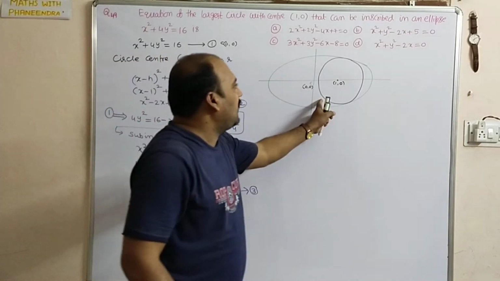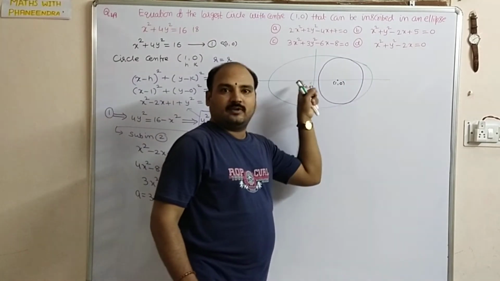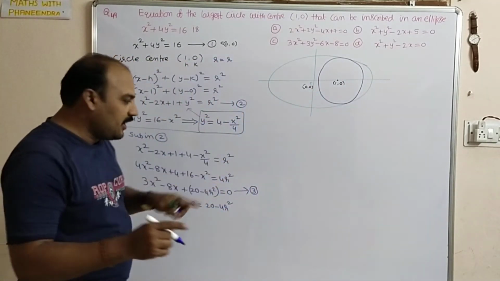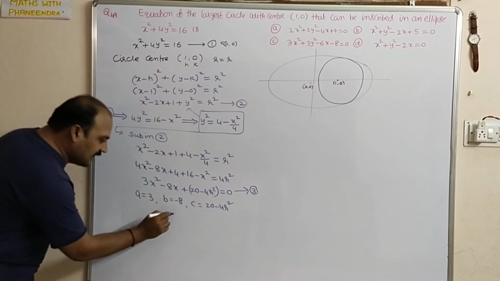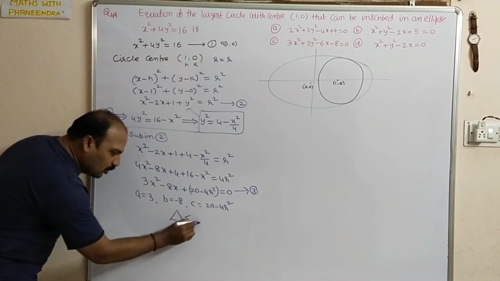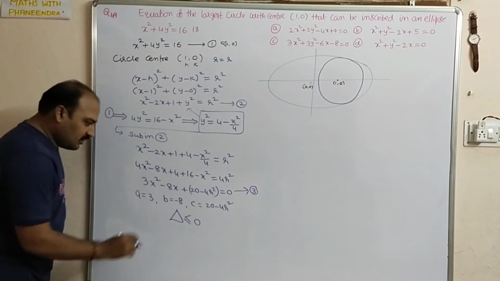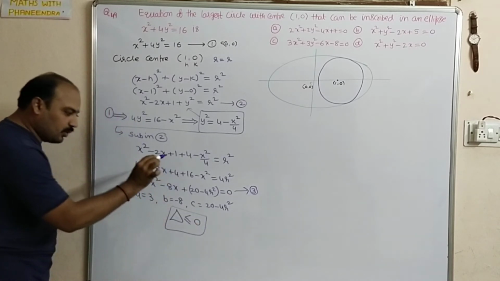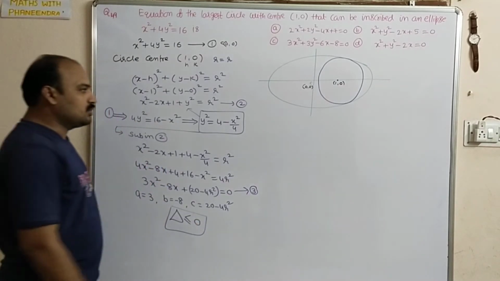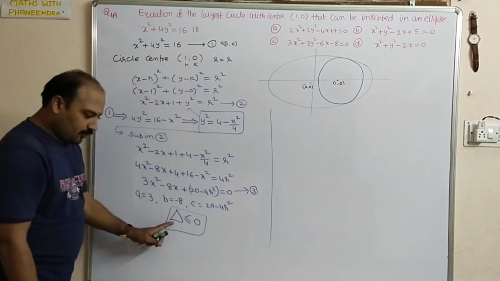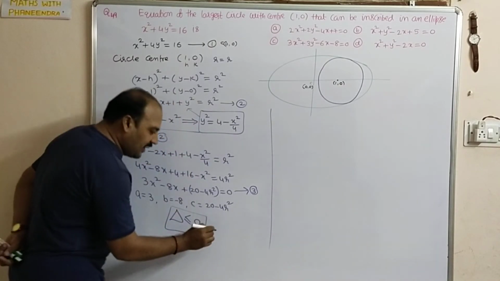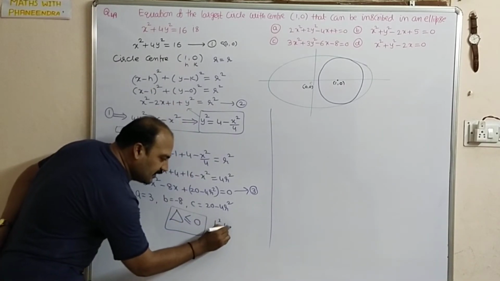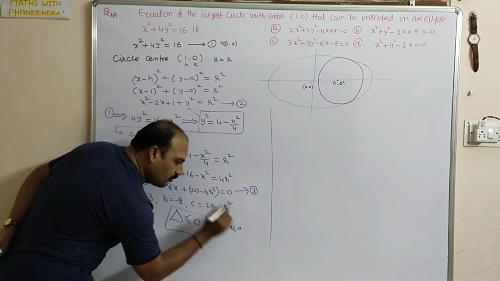Since the circle is inscribed in the ellipse, the discriminant of this quadratic equation is less than or equal to 0. Remember that. The discriminant means b square minus 4ac is less than or equal to 0.